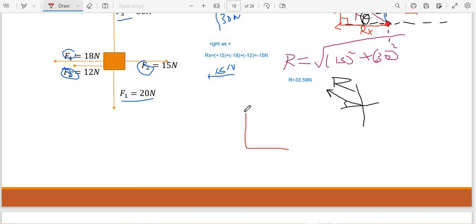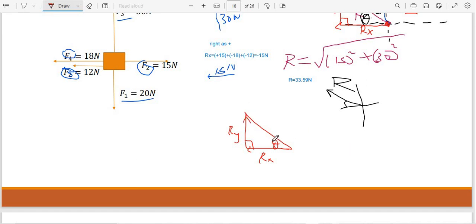It looks something like this, where this is the 90-degree angle, this is our x, this is our y, and this is the angle theta. Okay, this was left and then this one was upward.